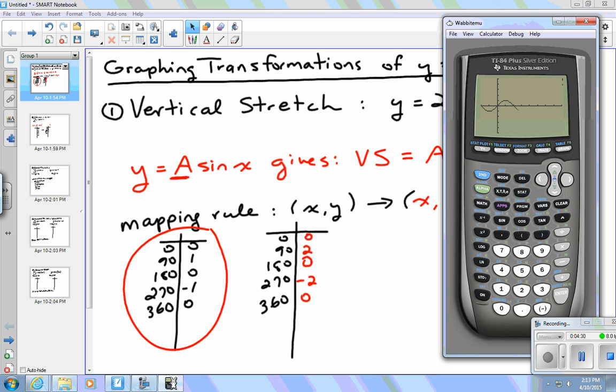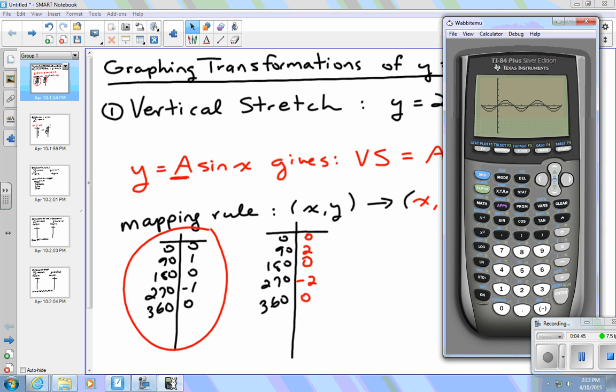There's the original y equals sine x, and here's the new one, y equals half sine x. And you can see that it's half as high, so a vertical stretch of 1/2 in that case.